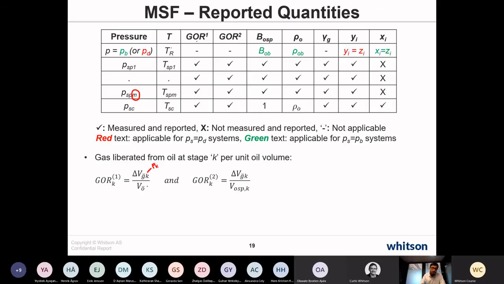Here the reference volume is the stock tank oil volume, and in the other one the reference volume VREF is the separator oil volume at that given stage. It's very similar to the 2VRO definition that we saw before. So you can have a GOR on the basis of stock tank oil barrel, or a GOR reported on the basis of the separator oil barrels at that given pressure stage.